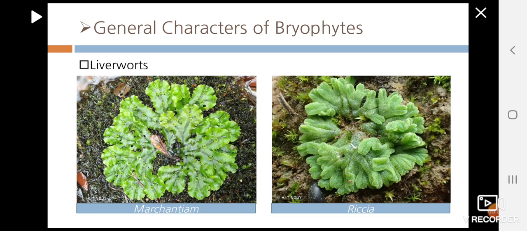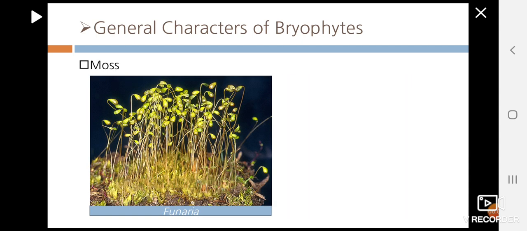So you can see here the pictures of liverworts, Marchantia and Riccia, and this is Funaria, in which the axes possess root-like, leaf-like appendages, stem-like structure, but true root, stem, and leaves are not present.